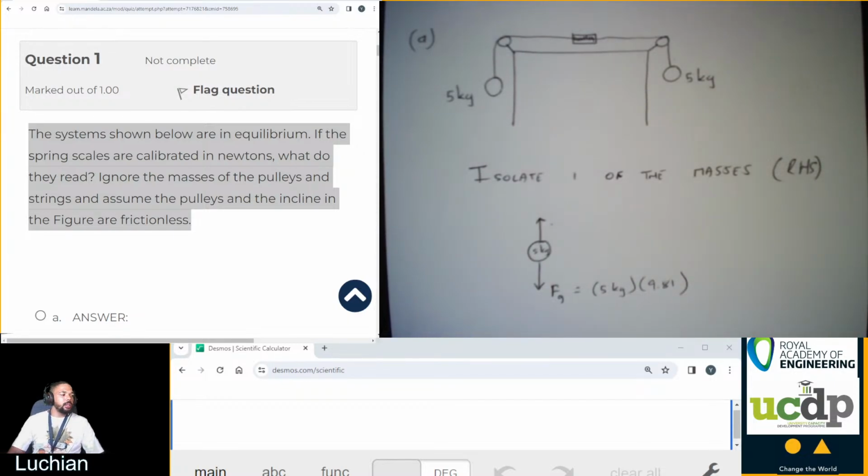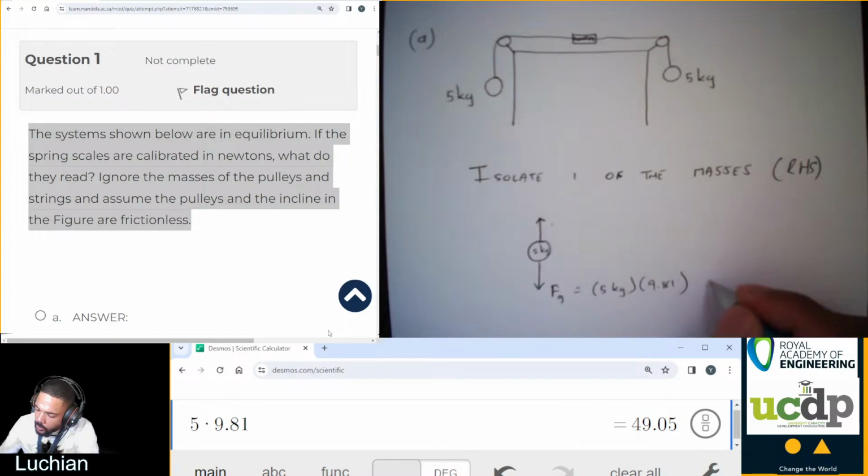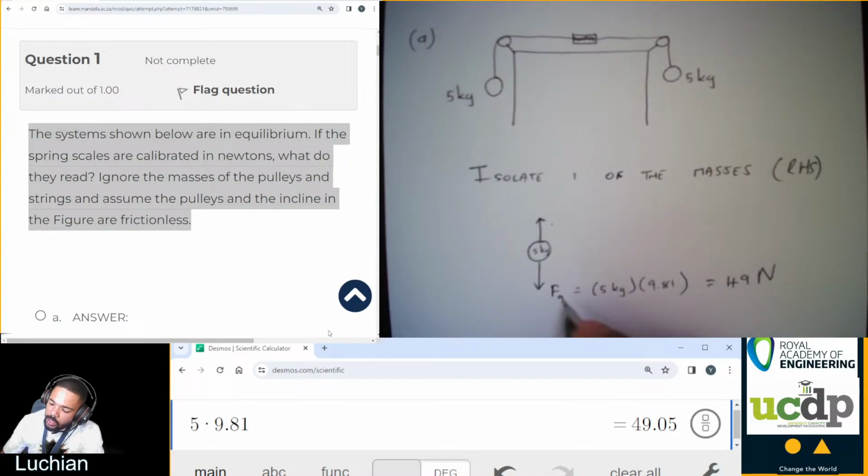Let's plug that into our calculator. We have 49, so let's just go with 49 newtons, a force of gravity of 49 newtons.